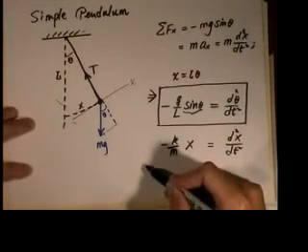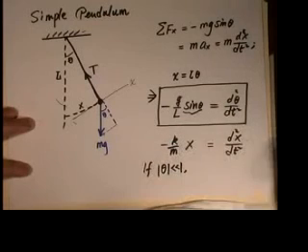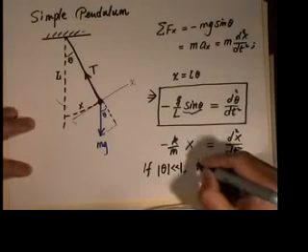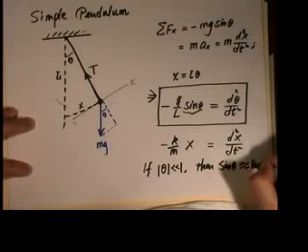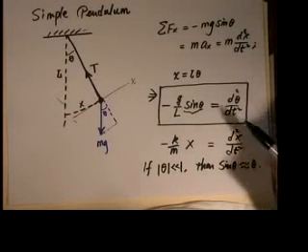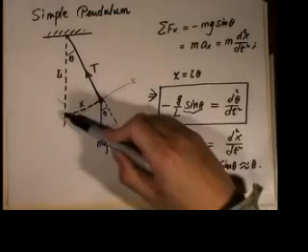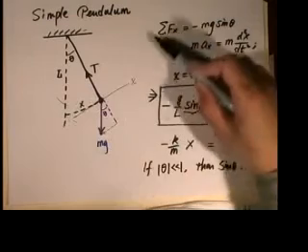So, if the absolute value of theta is far less than 1, then sine theta is roughly equal to theta. So what that means is if we want to have a chance to solve this differential equation, we want to make sure that we pull the string only slightly instead of a very large angle.